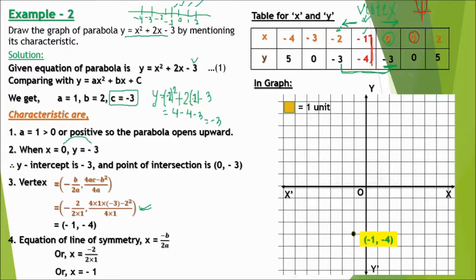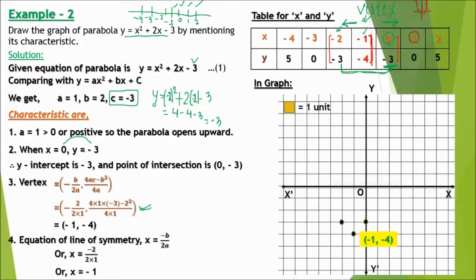And next point we have to draw the graph of this, 0, -3. So go in the order as I have done. Okay, follow me. Just simply follow me. That point is 0, -3. And now we have to draw this point, -2, -3. This is -2, -3.